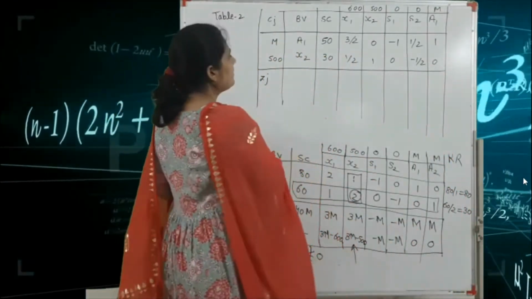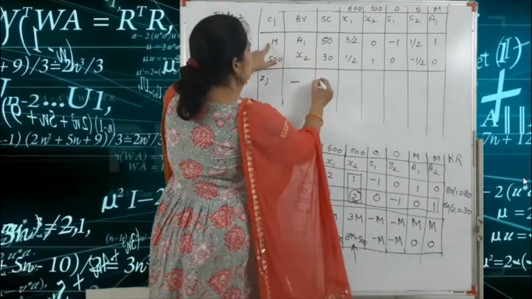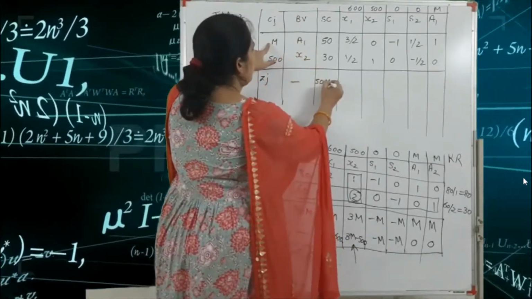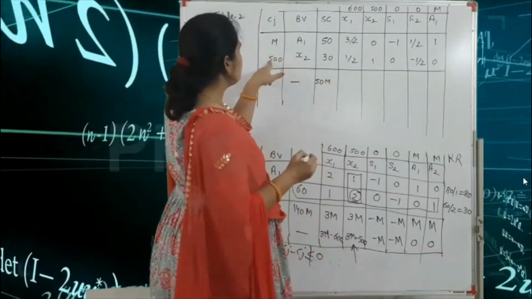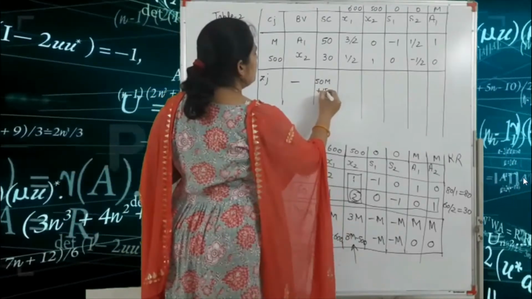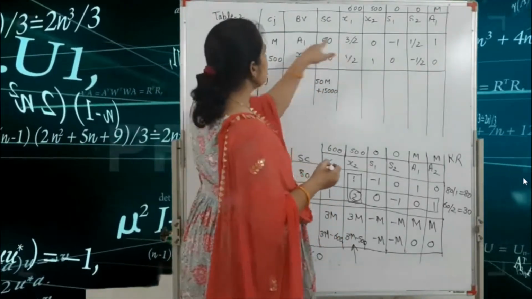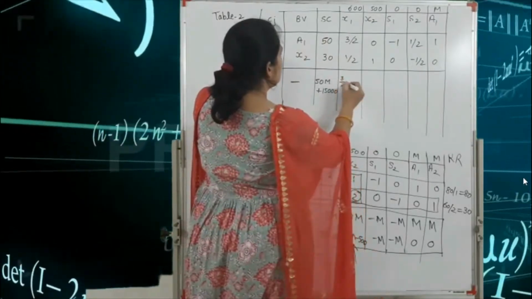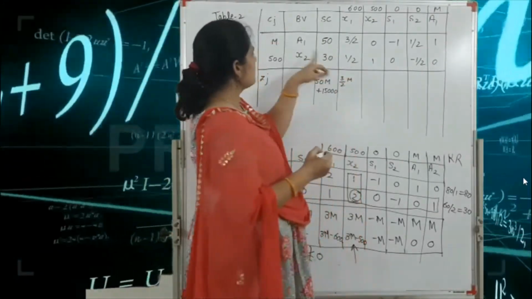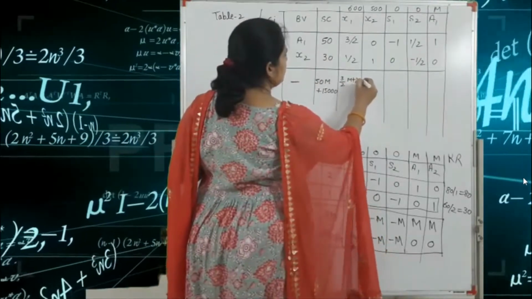Okay, so we find here the z. So 50 into M, so we write 50M plus 500 into 30, that is 15,000. Next one is 3 by 2 M plus 500 into 1 by 2, that is 250.